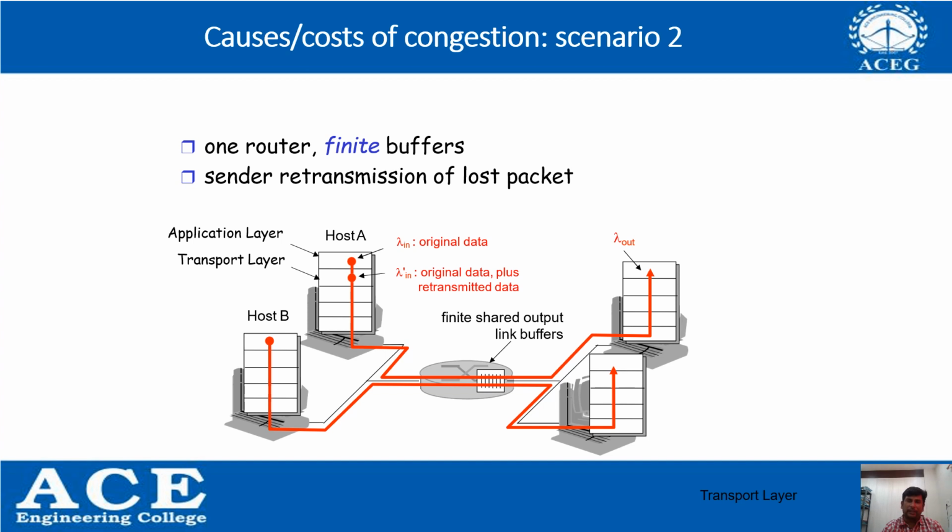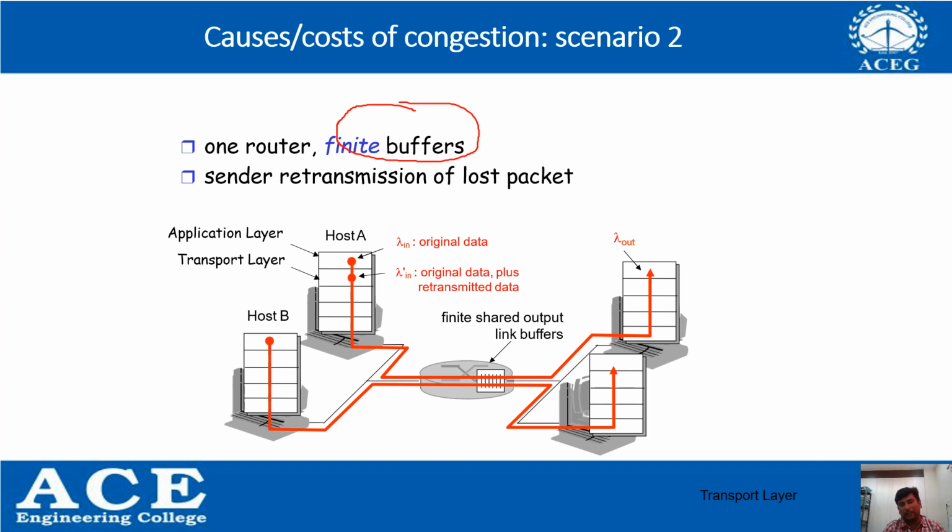Now, having infinite buffer capacity is practically not possible. So let's take a real-time scenario where the router connecting the senders and the receivers has finite capacity. So our case 2 is a router with finite buffer capacity. When the two senders are continuously sending up to the capacity of the router, all the packets will be forwarded without delay. Later, once it goes beyond the capacity of the router, the packets will be lost.